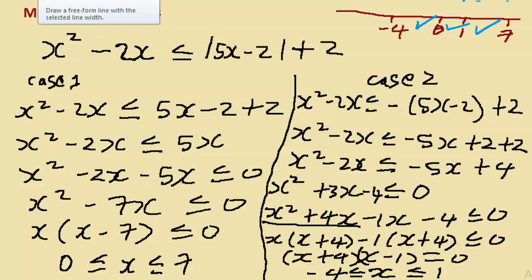Let's try a value that's more than 7. Let's try 8. So if we try 8 squared will be 64. 2 times 8 will be 16. 5 times 8 is 40. 40 minus 2, that's 38. 38 plus 2, so that's 40.